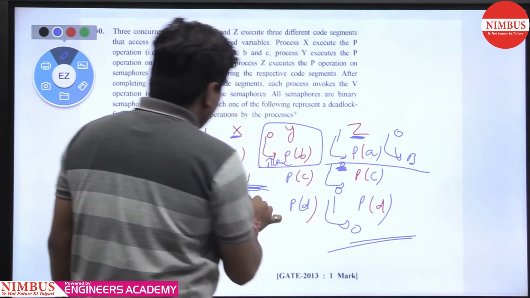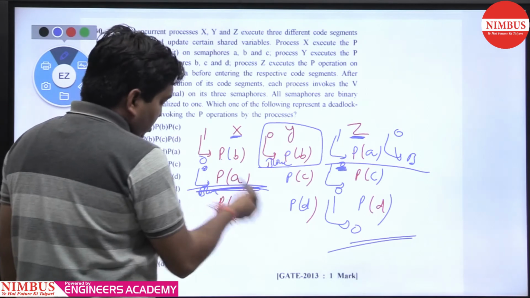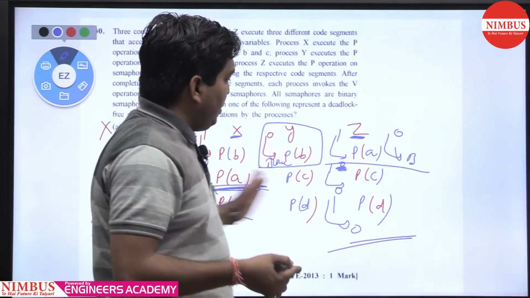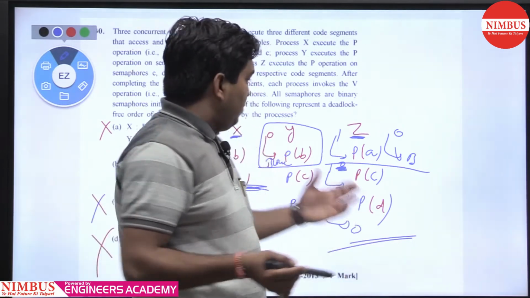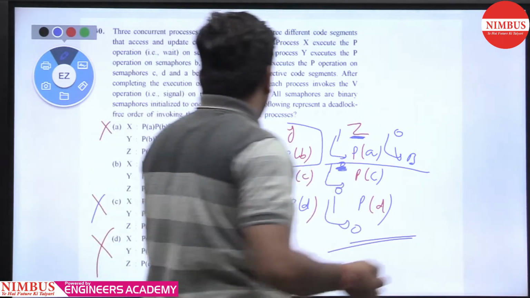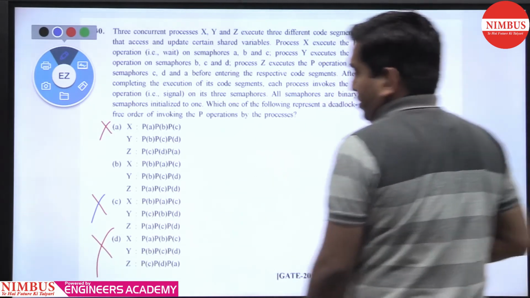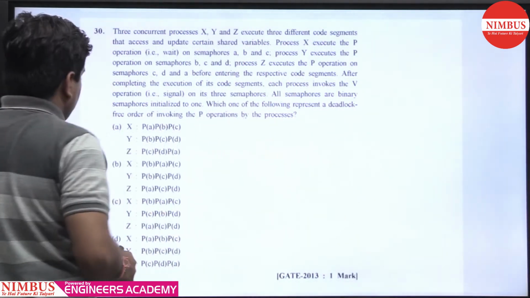It is blocked here, and C becomes 1 right now. C is 1, so C goes 1 to 0, then X can enter. This means you can execute in any arbitrary order, but you can think that all processes execute concurrently, and you have to check all the possibilities. Clear?